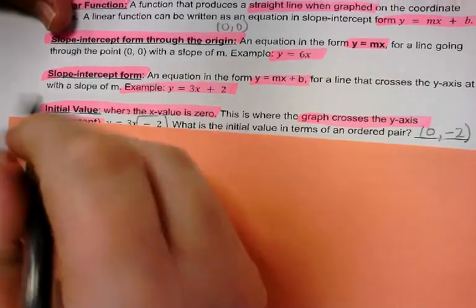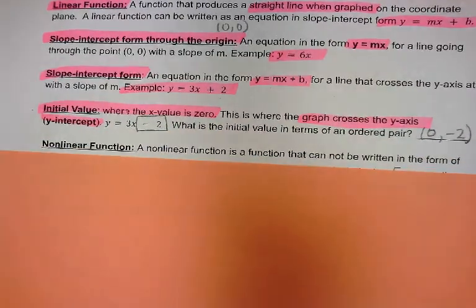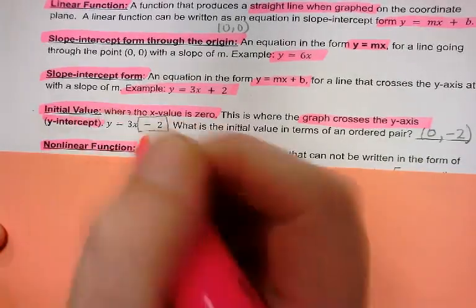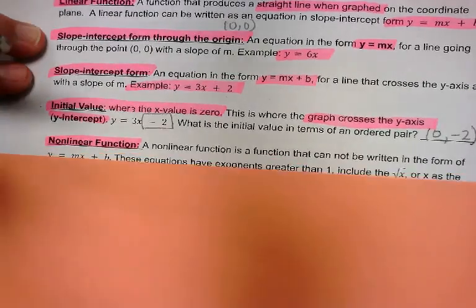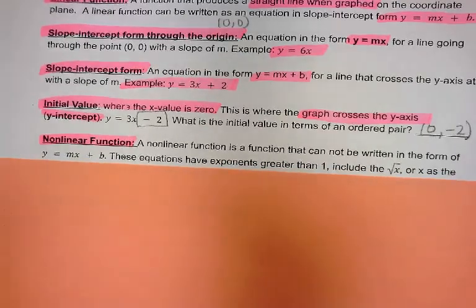For the really new thing today, a nonlinear function. We've talked about what makes something a function and not a function before, but a nonlinear function cannot be written in the form y equals mx plus b. It just can't.